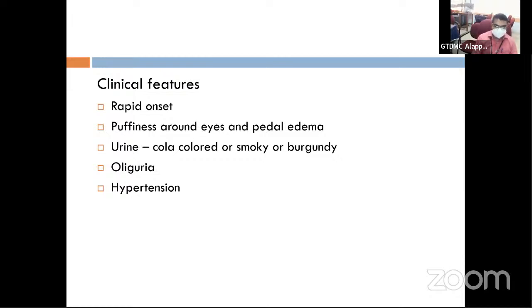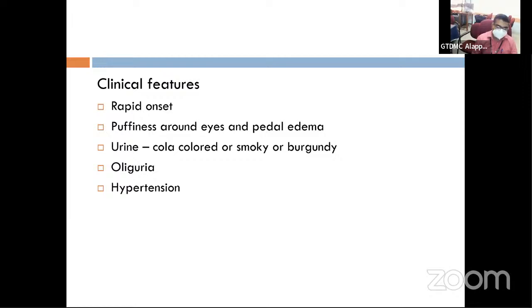So puffiness around the eyes, because the edema in post-streptococcal glomerulonephritis is due to increased intravascular volume. This increased intravascular volume causes increased intravascular hydrostatic pressure, which causes leakage of fluid into the interstitium.